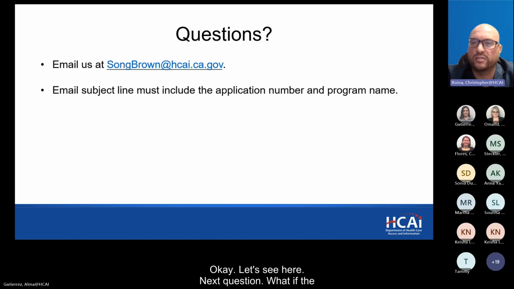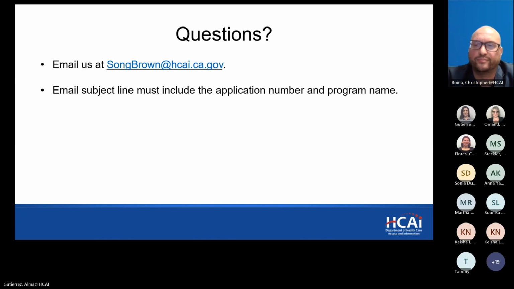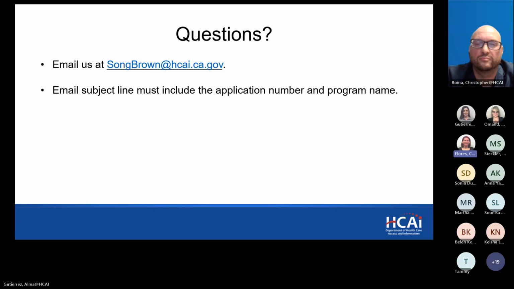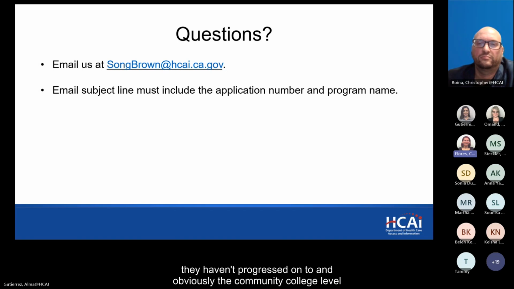Okay, let's see here. Next question. What if the ADN program does not apply? Can the CSU apply? I would first like to just say that if they have not yet graduated from their junior college, and that's where the majority of their work is, they haven't progressed on, then obviously the community college level would take that.